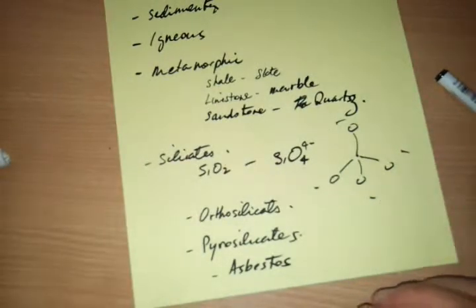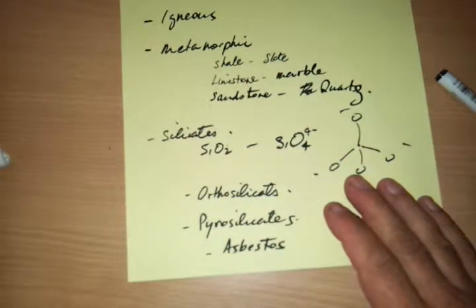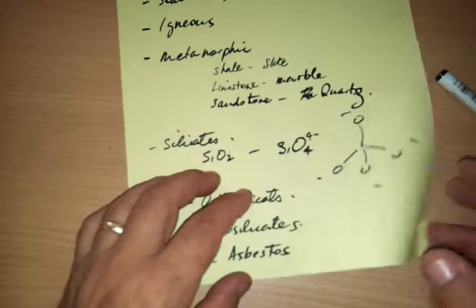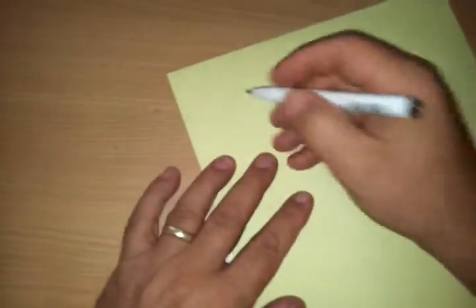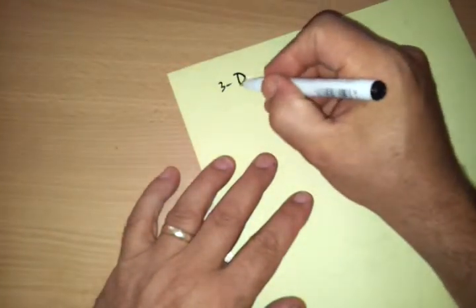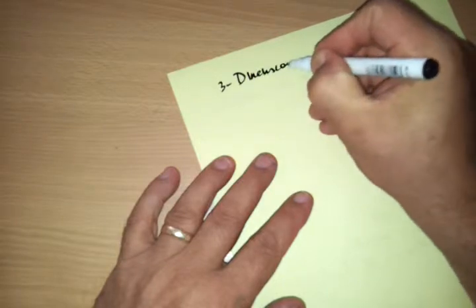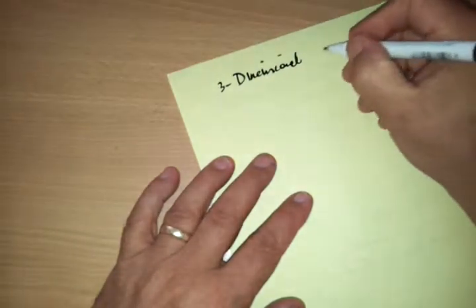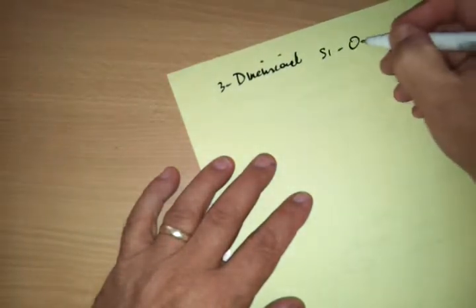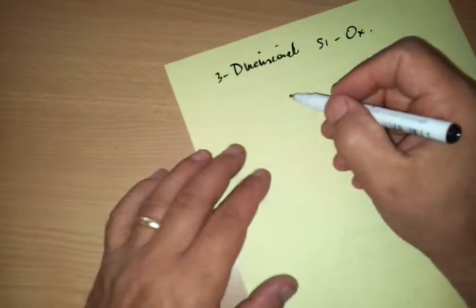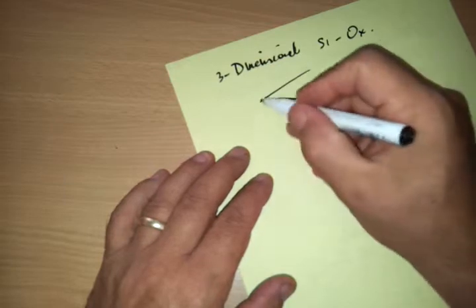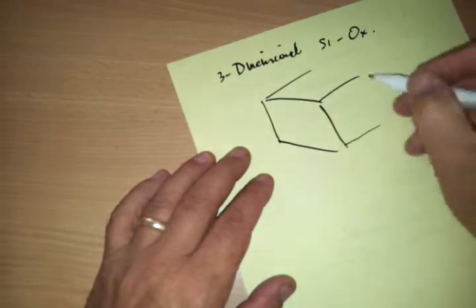Now, we talked about silicates. We're on the subject of talking about silicates. What happens is when we have the three-dimensional structures, so these are the three-dimensional silicon oxygen structures, the substance that results, whatever it is, becomes a lattice.